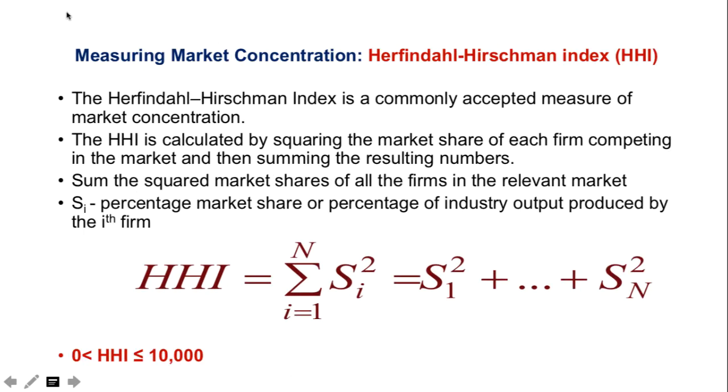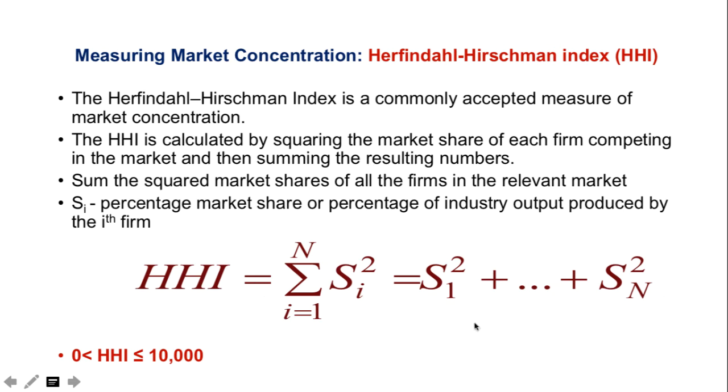So there is another way to measure market power, called the Herfindahl-Hirschman Index, or HHI. The Herfindahl-Hirschman Index is a commonly accepted measure of market concentration. It is calculated by squaring the market share of each firm competing in the market and then summing the resulting numbers. So basically, we go one step further.